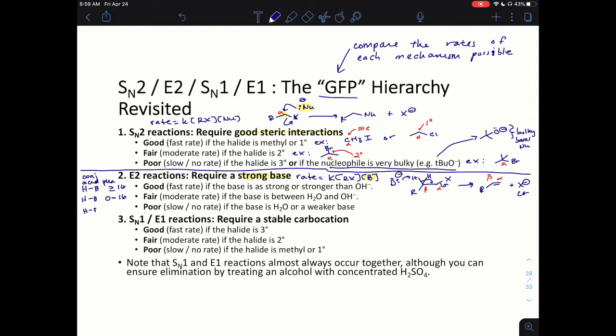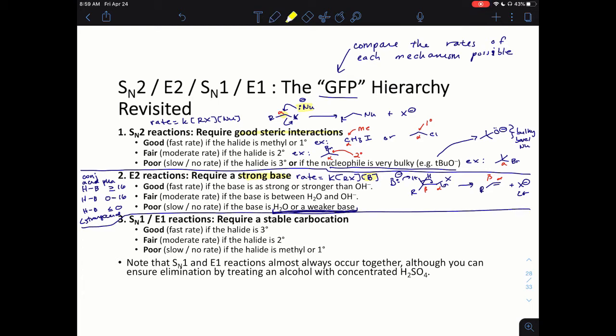And if the conjugate acid pKa is less than 0, meaning that it's a strong acid, then you have a weak base, right? These are the conjugate bases of strong acids, so they are weak bases, and you're going to have a slow E2.